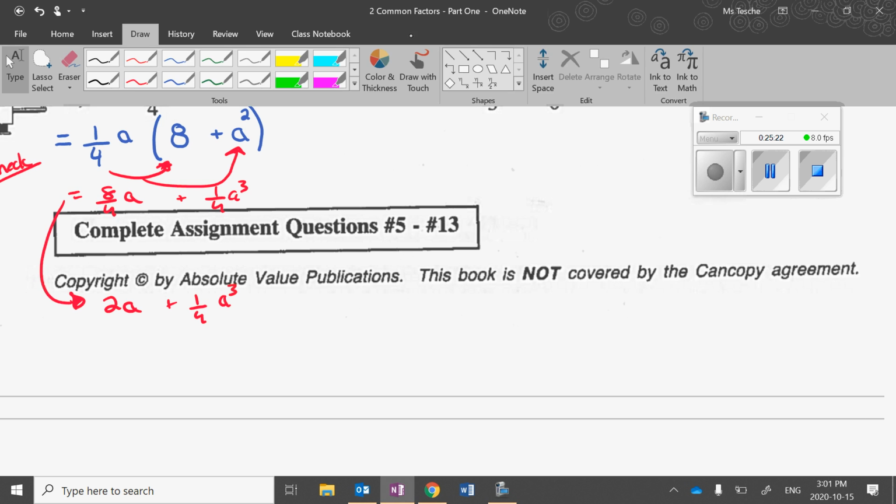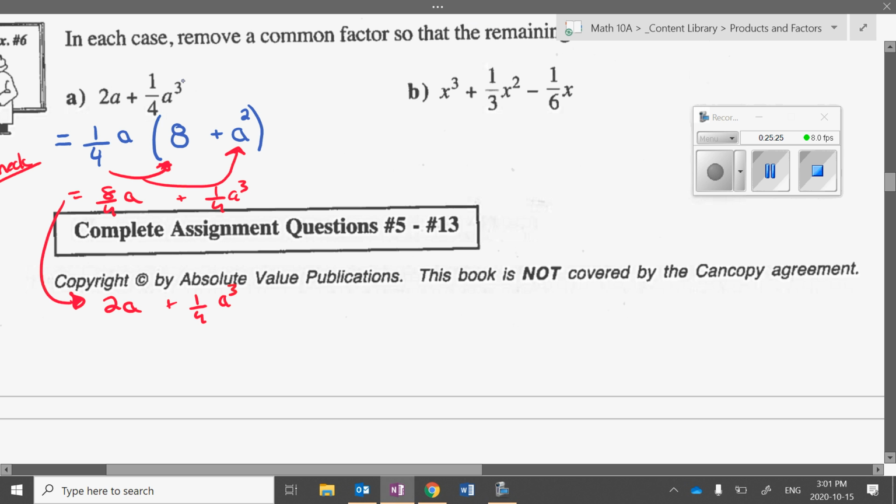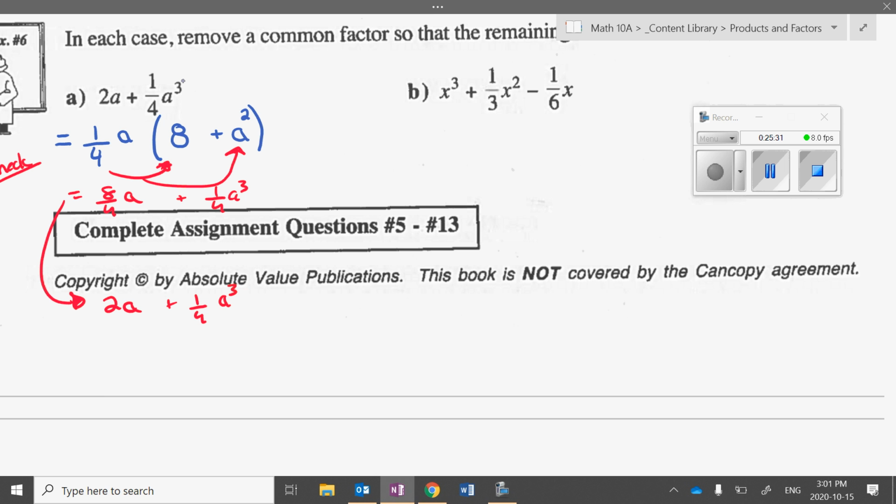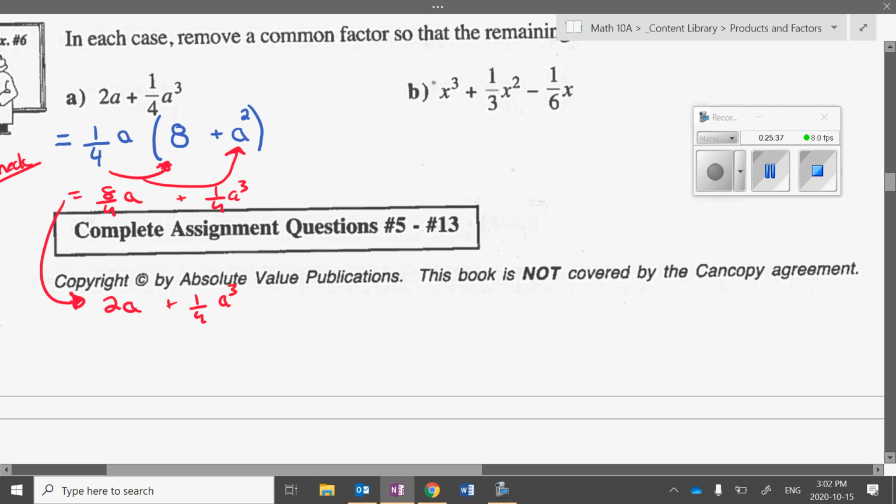Okay, this next one's a little bit trickier to identify your GCF. Looking at our smallest number, it's a sixth. So there are sixths in a third, but there's not thirds in 1/6. So 1/6 is going to be your GCF. Remember, there's a whole out front of that x cubed. So in this one, I'm going to factor out 1/6 x.